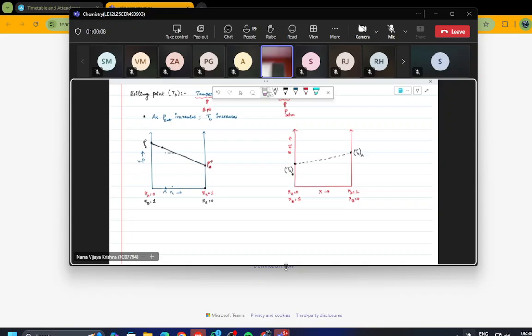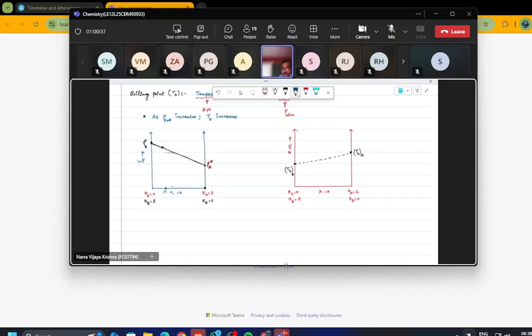Pressure exerted by the vapor on the surface of its liquid at equilibrium. Correct or not? Means this line indicates pressure at equilibrium. That means this line indicates boiling point at equilibrium. Correct?